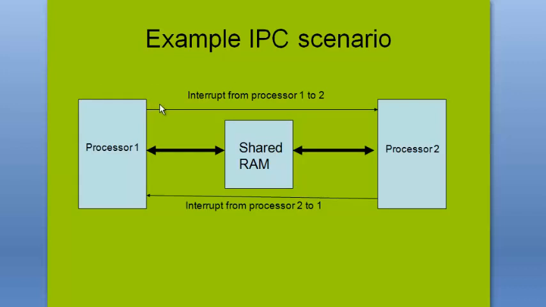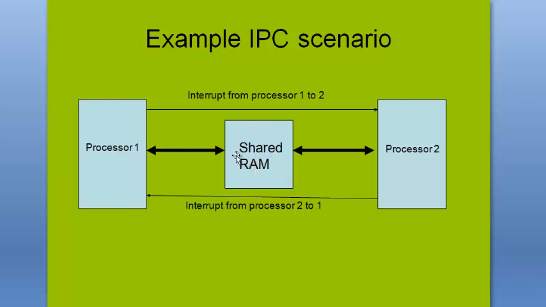This is an example of an inter-process communication scenario. In a cell phone, let us say processor 1 runs all the applications, and processor 2 runs your GSM, GPRS, UMTS, LTE protocol stack plus DSP firmware, and there is a shared memory.